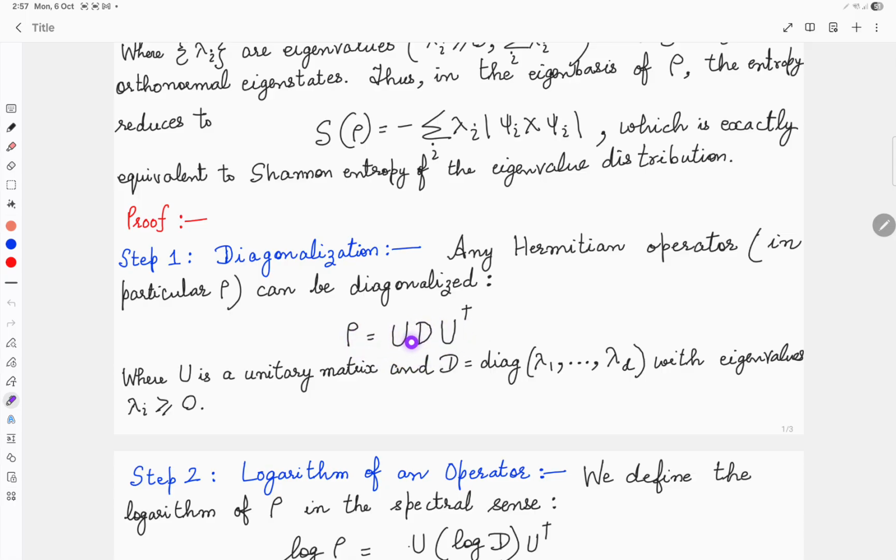By applying this decomposition, all the eigenvalues will rest on the diagonal.